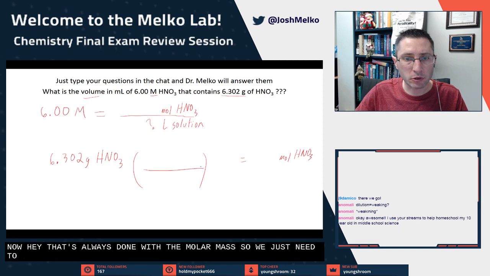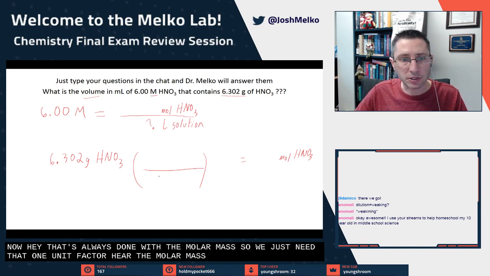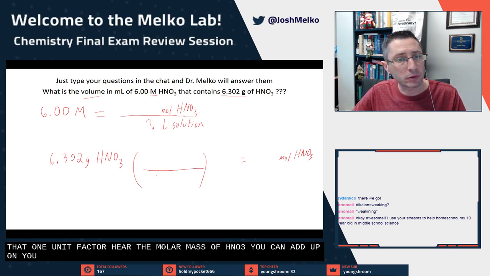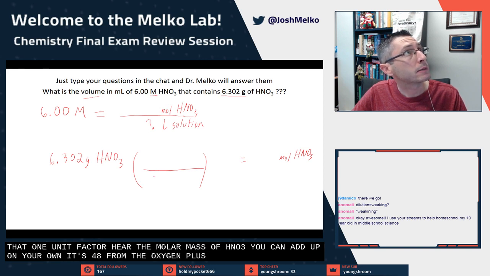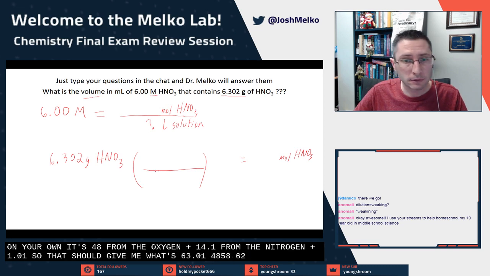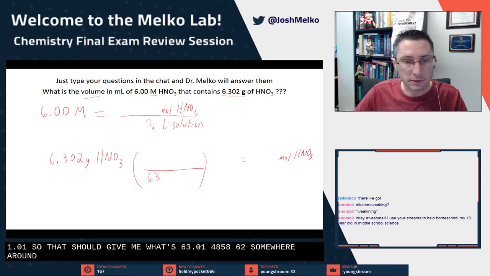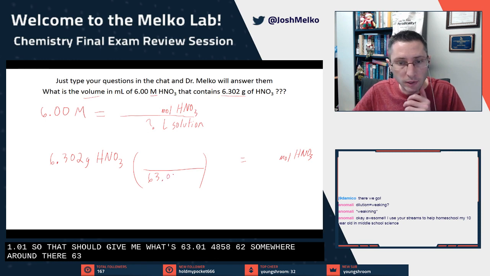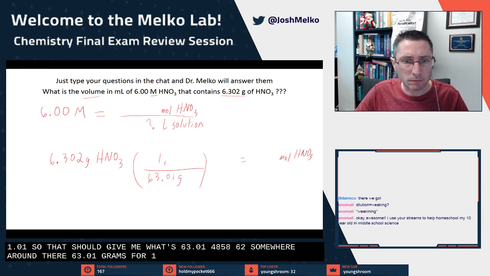So we just need the 1 unit factor here. The molar mass of HNO3, you can add up on your own. It's 48 from the oxygens, plus 14.01 from the nitrogen, plus 1.01. That should give me somewhere around 63.01 grams per 1 mole.